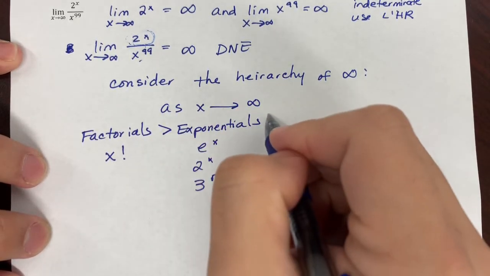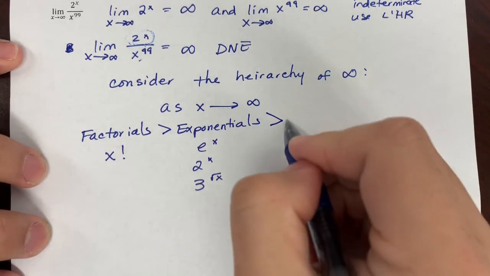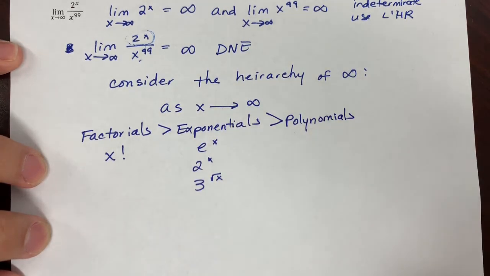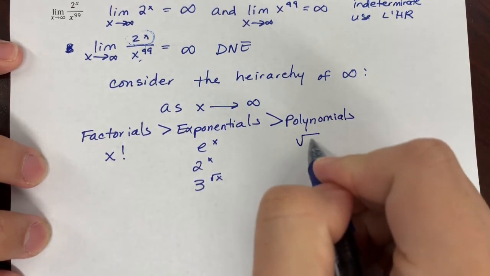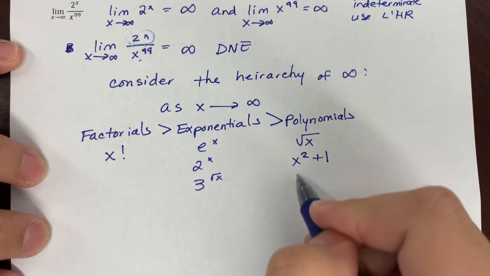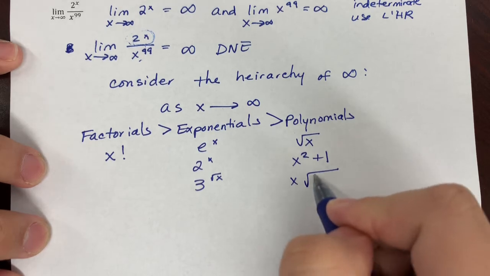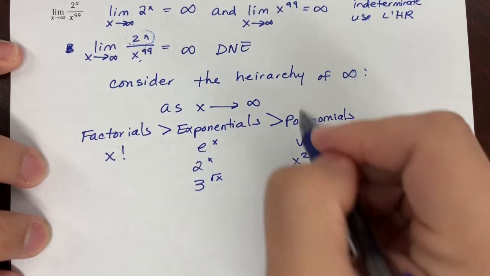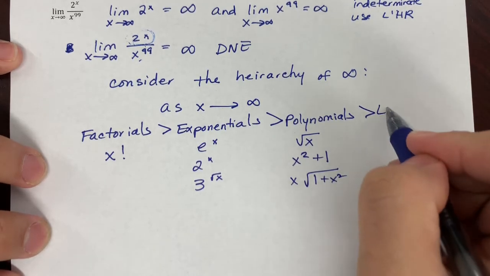Exponentials will always go at a faster rate than polynomials. Polynomials being your regular functions, maybe square root of x, or x squared plus 1, or even something a little more complicated like x to the 1 plus x squared. Polynomials will always be at a faster rate than logarithmic functions.